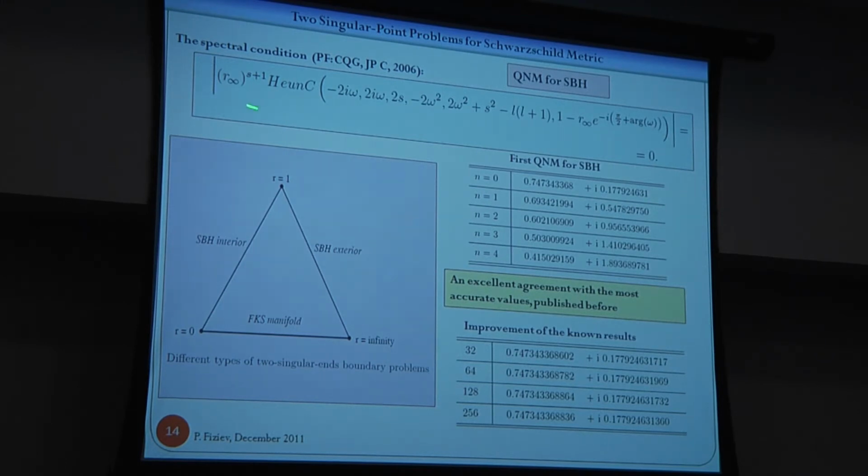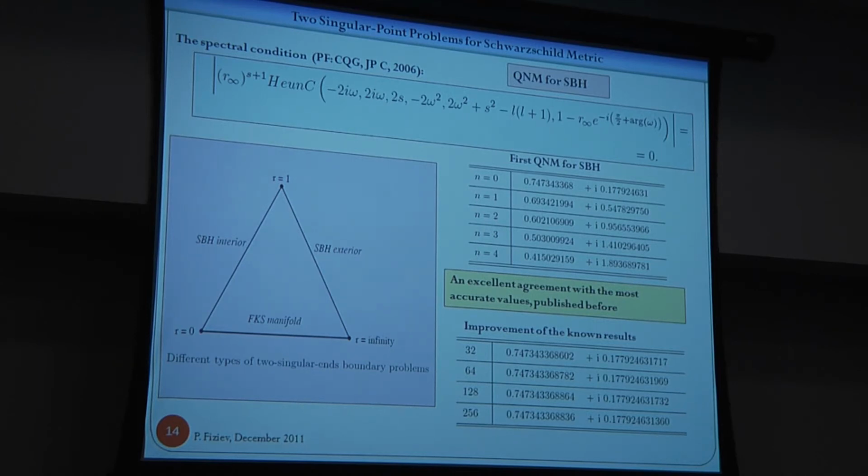Using Heun functions, exact solutions and boundary conditions for black holes, we are able to reproduce the well-known quasi-normal frequencies for Schwarzschild black holes. Some of them are written here. And moreover, using Maple machinery, we can improve even these well-known results.